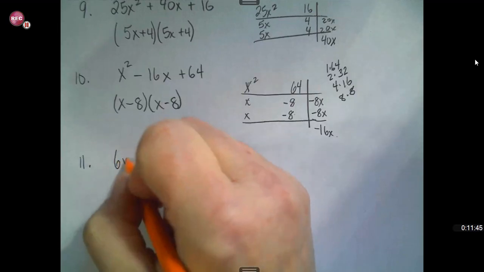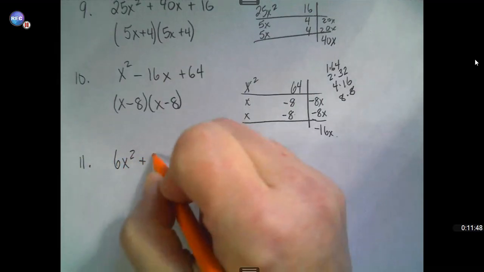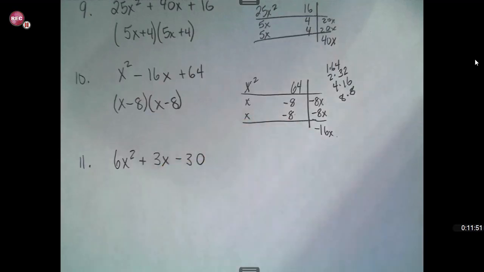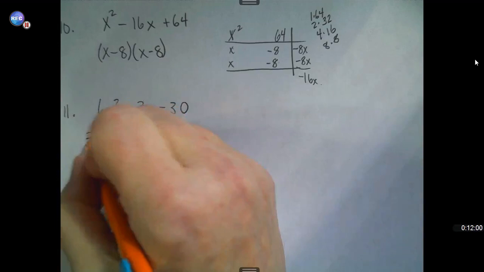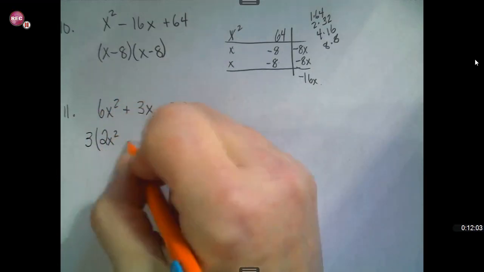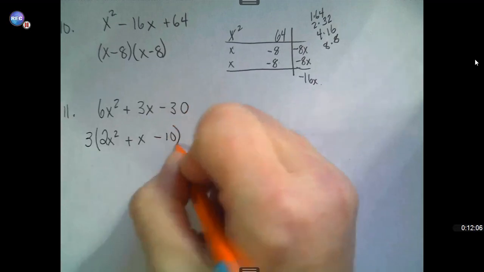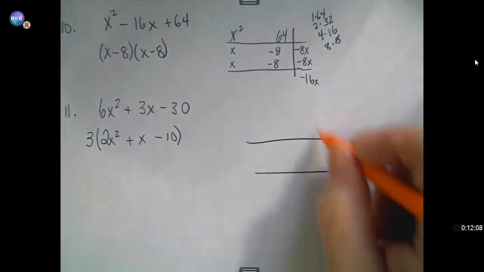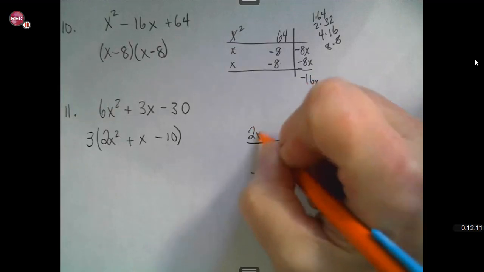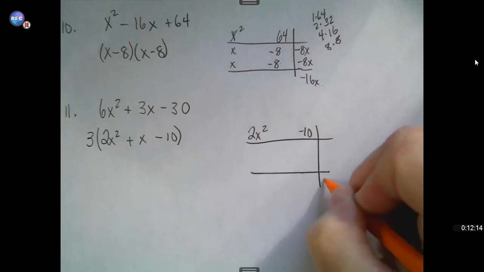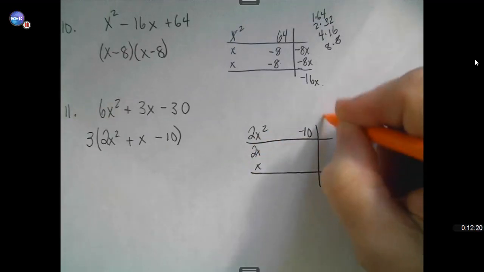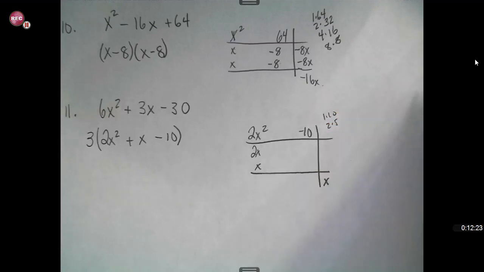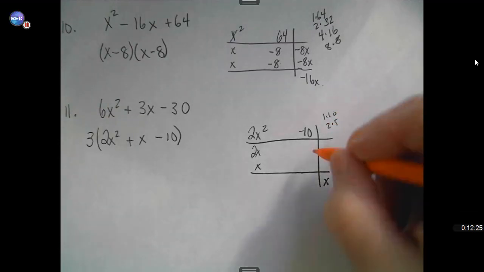6x squared plus 3x minus 30. Is there a greatest common factor? Yes, there is. Everything in there is divisible by 3. And so then that gives me 2x squared plus x minus 10. And then that trinomial goes to my factor puzzle. 2x squared, negative 10 here, x here. 2x squared would be 2x and x. 10, let's see, I think it's going to be 2 and 5.